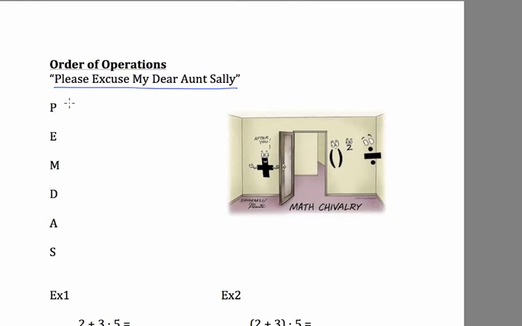The P stands for parentheses. That's what comes first. Also in this level are fraction bars and absolute value signs. So that's the first level. That's what you do first. The next level is the E, which stands for exponents.